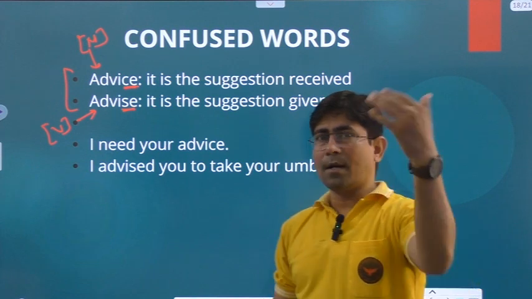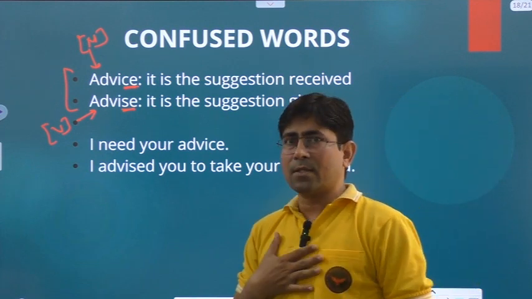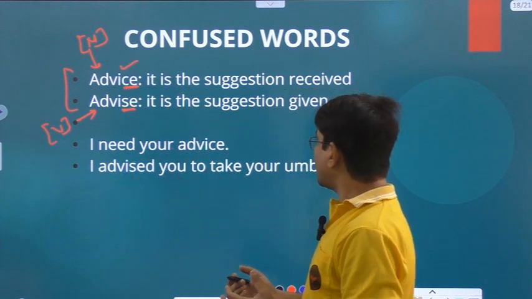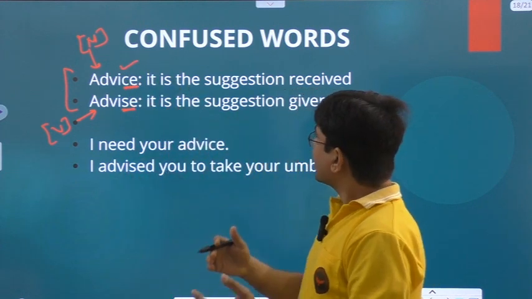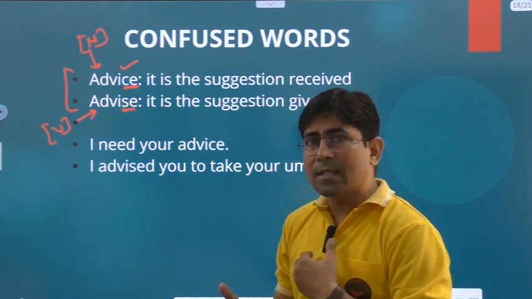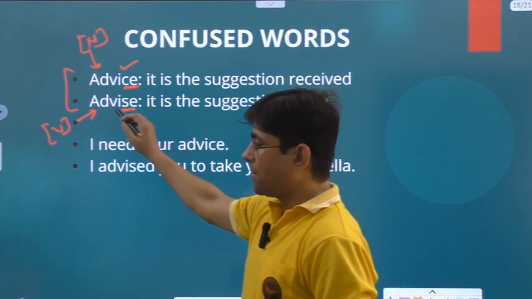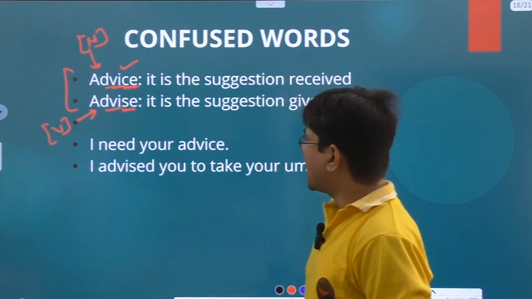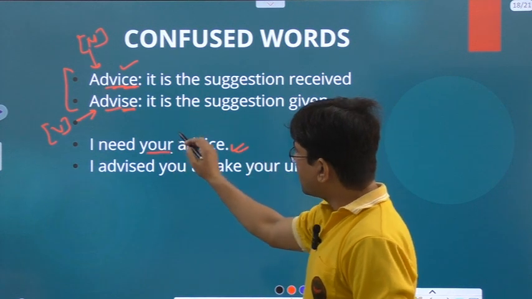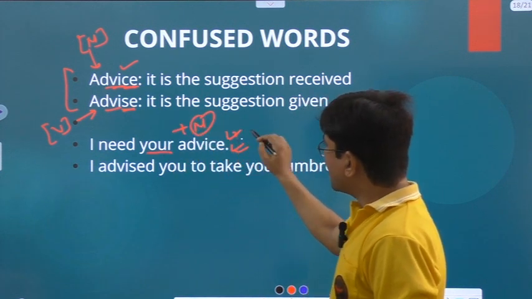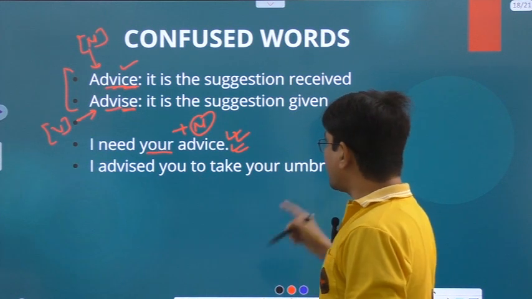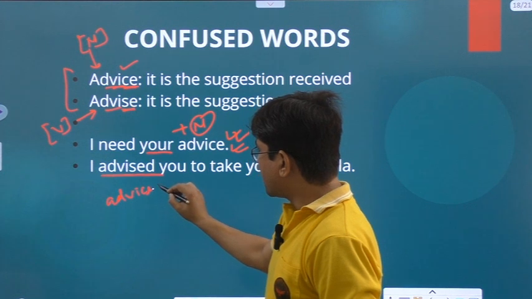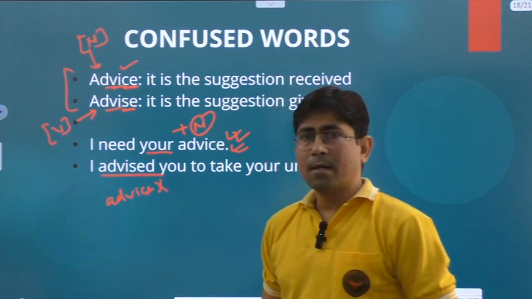Suppose you are giving me the suggestion and I'm receiving the suggestion. So receiving the suggestion is advice, and giving the suggestion, you are giving me the suggestion, it will be advise. So if you're using it as a verb, use advise. Using it as a noun, use advice. I need your advice. Your always comes with a noun, so that's why I use advice. And I advise you to take your umbrella. Advice, not advise, would be wrong here because it is used as a verb.